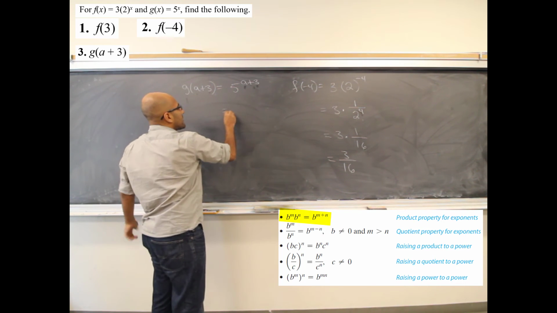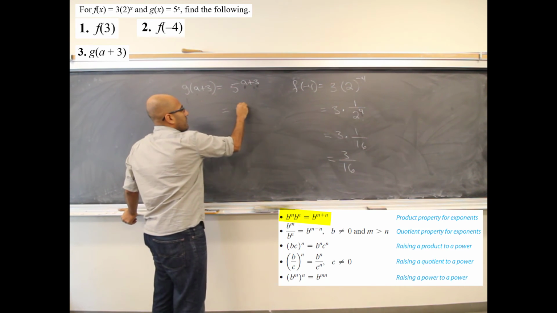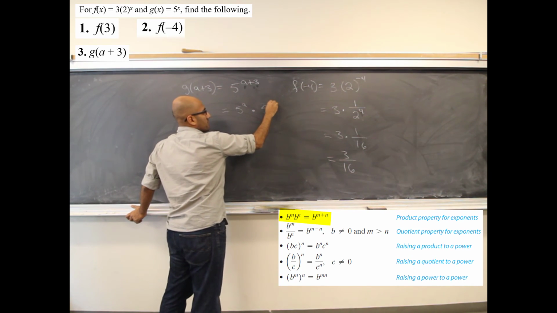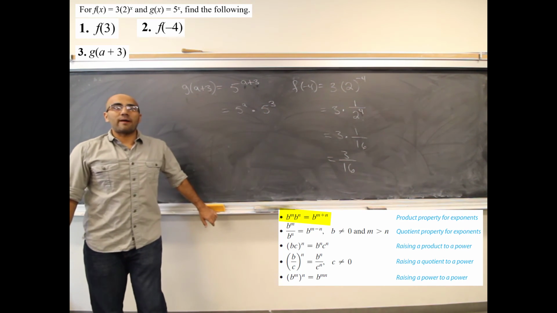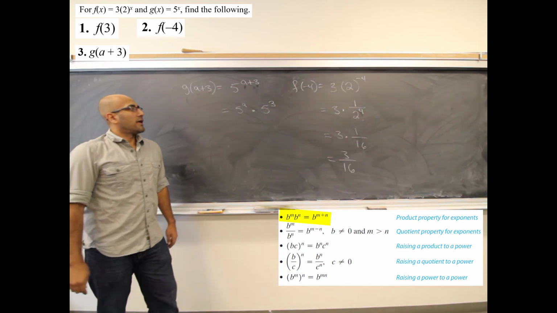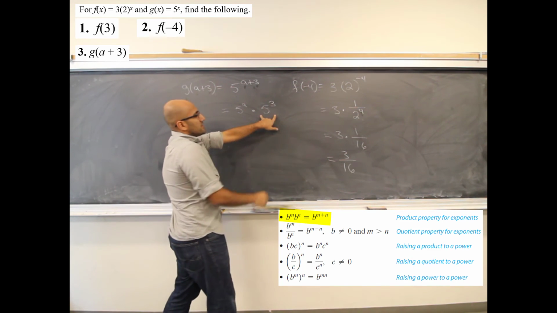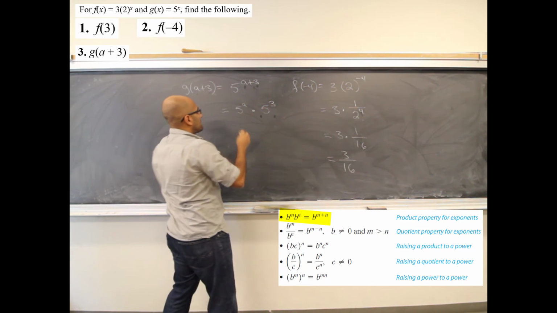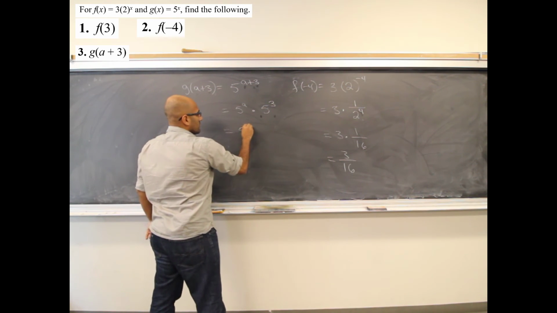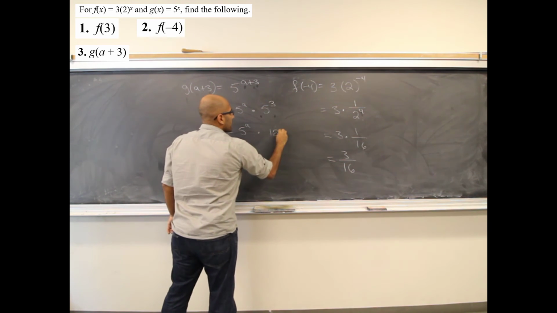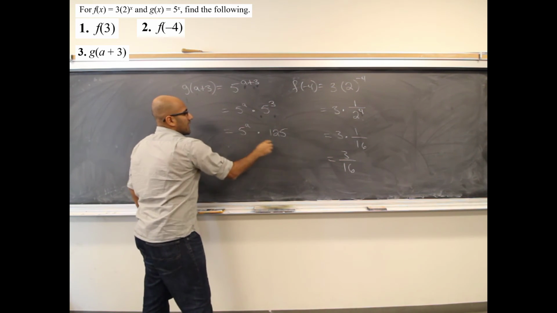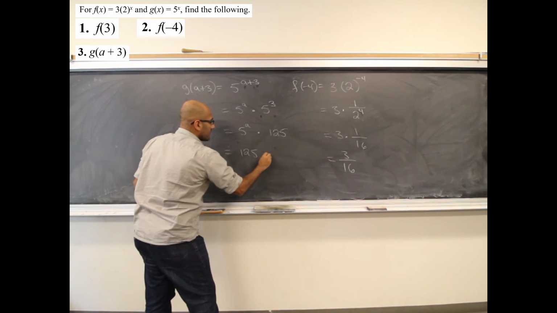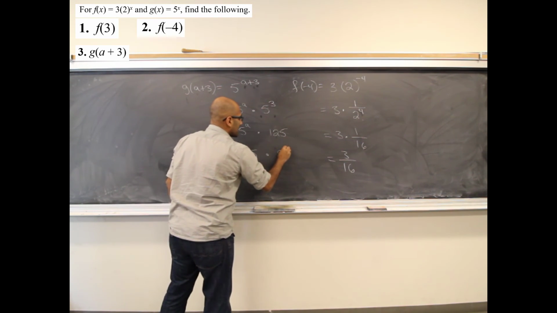So we can separate this as 5 to the a power times 5 to the third power. Good? And why would we want to do that? Well, this is something we can actually multiply. Right? 5 times 5 times 5 is 125. And now if we just flip these around, we'd get 125 times 5 to the a power.